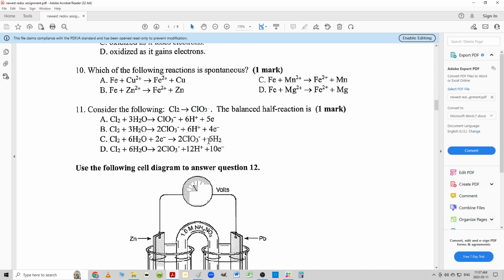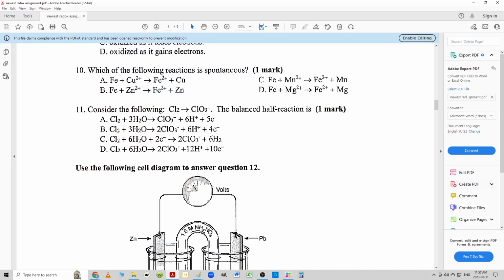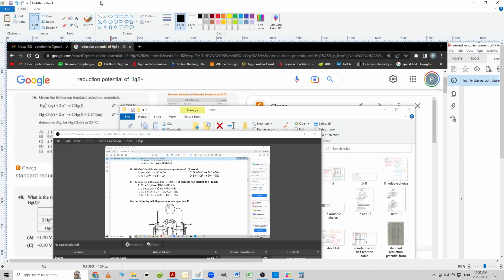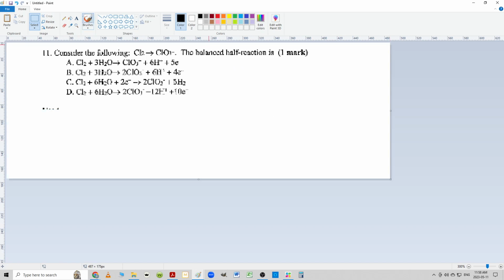Yeah, we should do it. Here we go. I'm just going to pull up a fresh one. So I know that Cl is going to get reduced from 0 to minus 1.